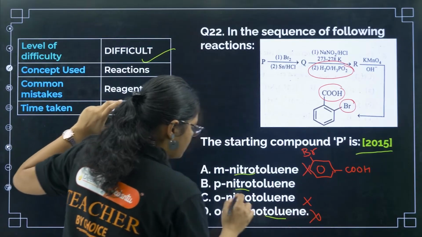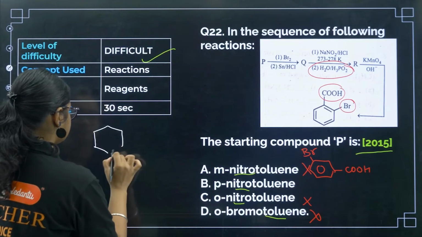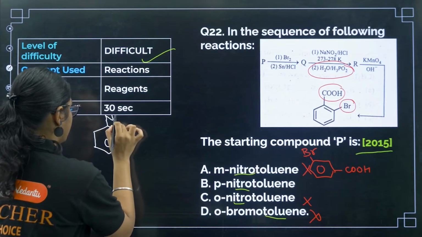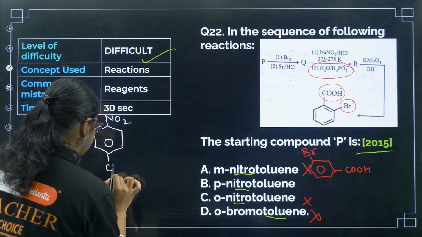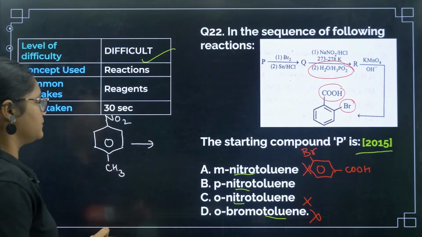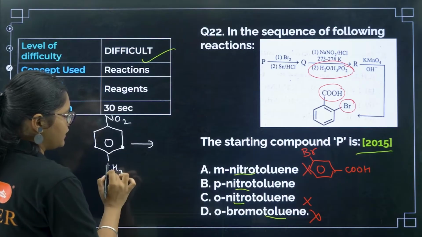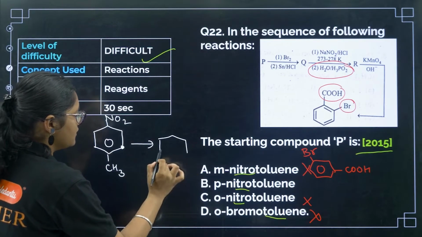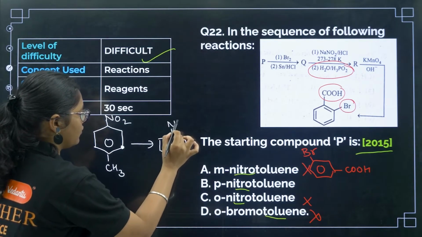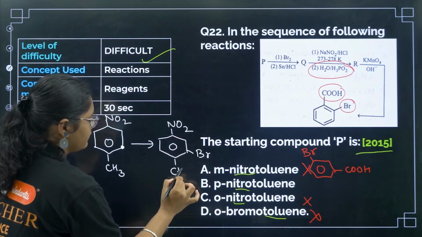Okay. So what is left? Let us try with para nitrotoluene. So you have NO2 group and CH3 group. Now if you do bromination, bromination will add at the meta position here, and this one is also the ortho position. So we will get NO2, here Br, and here CH3.